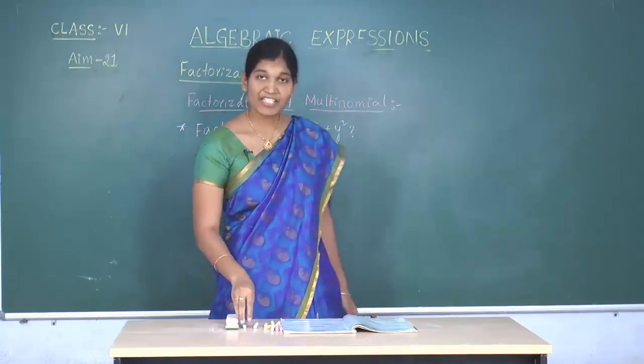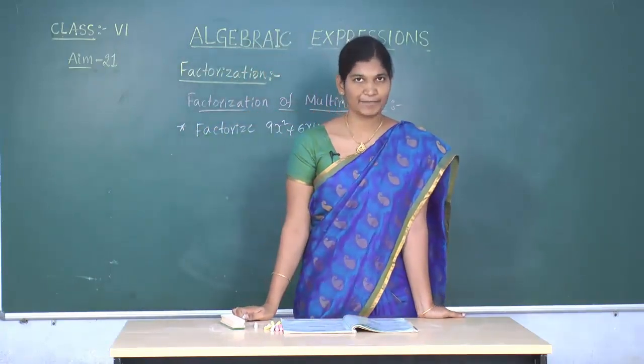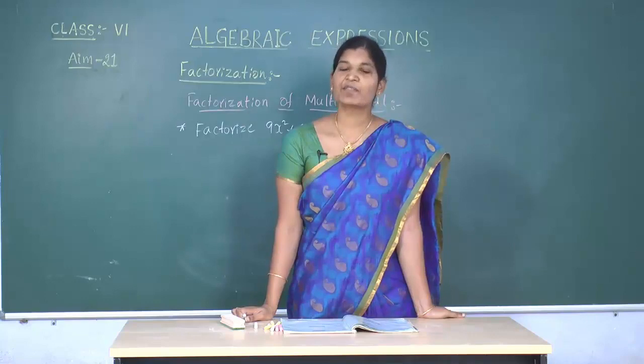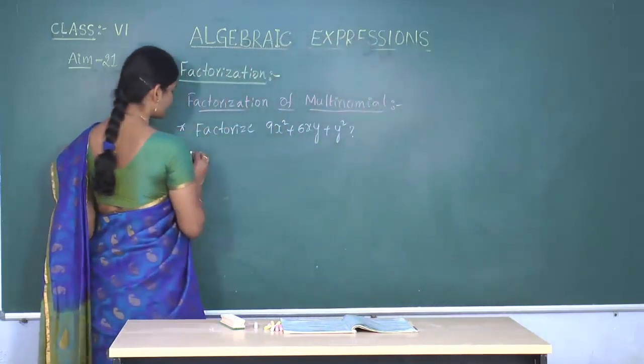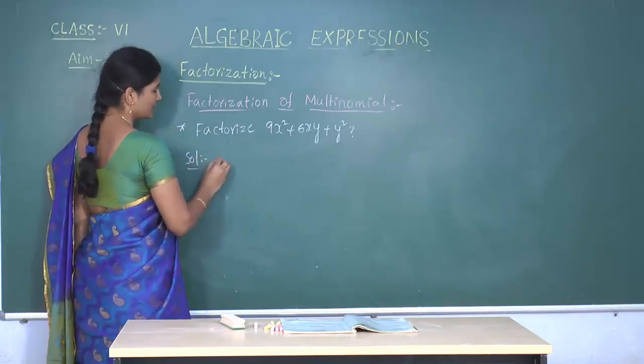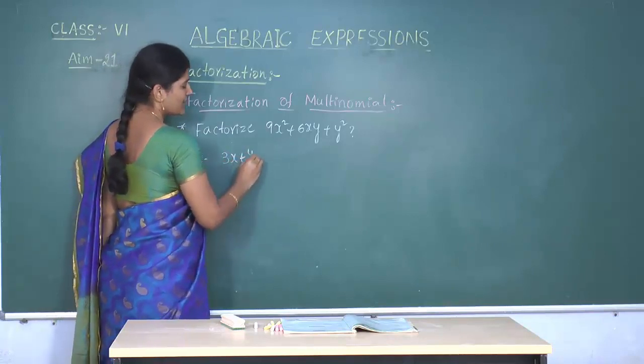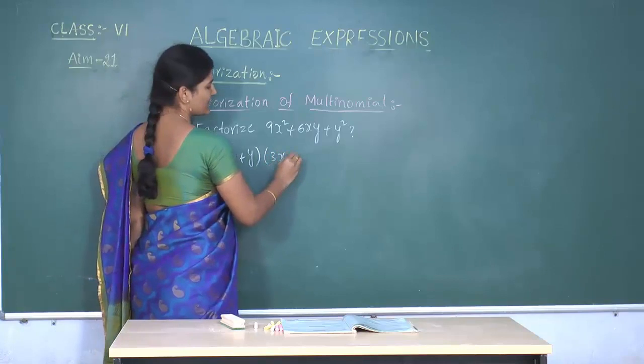Now let me take two algebraic expressions which are 3x plus y and 3x plus y. If I multiply those two, I am taking here 3x plus y and 3x plus y.